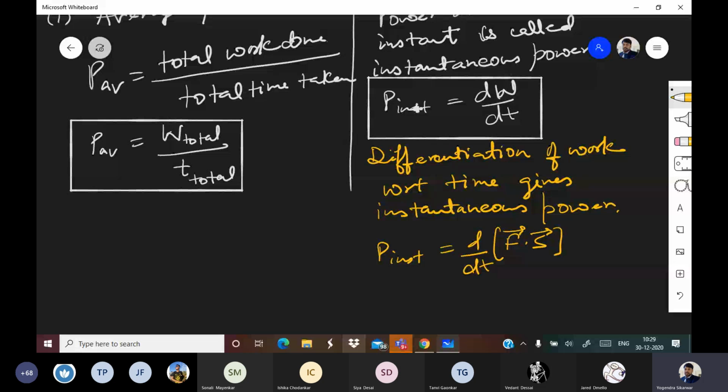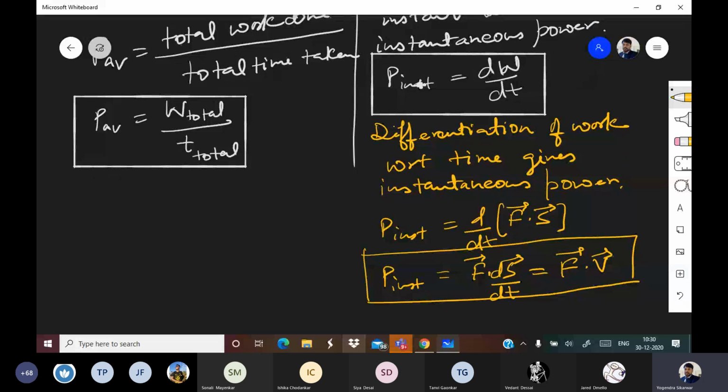Work done W is nothing but F dot S. So that can be written as P inst is equal to F, taken out, into dS upon dt, so that will be F dot V. So this can also be used to find instantaneous power.